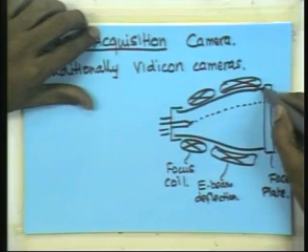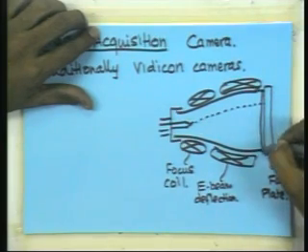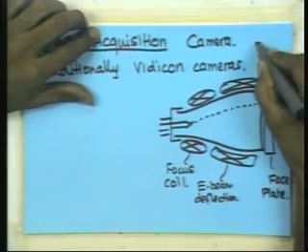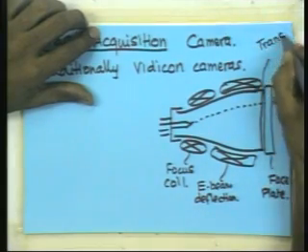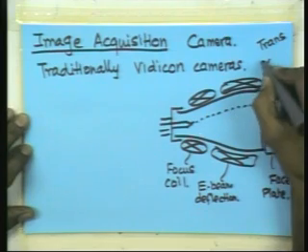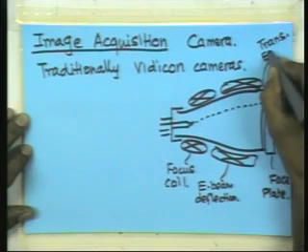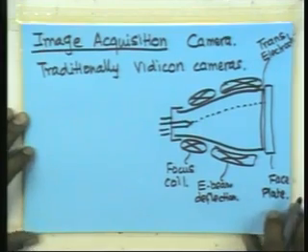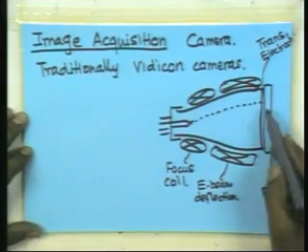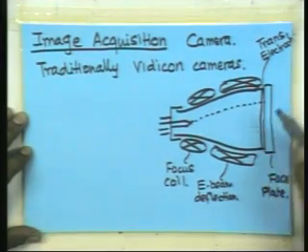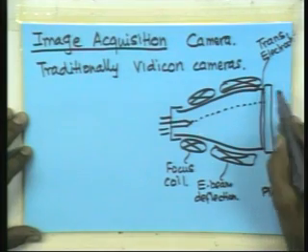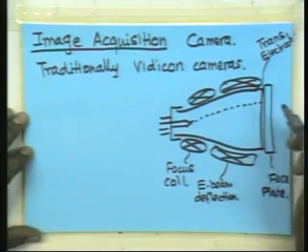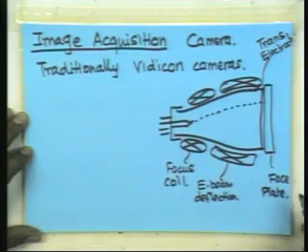At the back of the face plate, we have a transparent electrode. So, it is basically a good conductor of electricity and it is transparent to light. So, whatever light is coming through the face plate gets across this electrode.